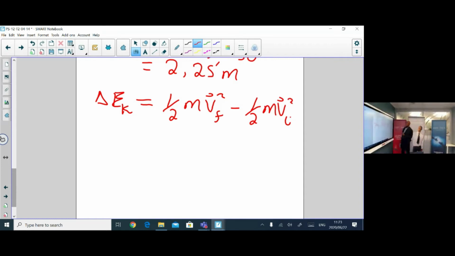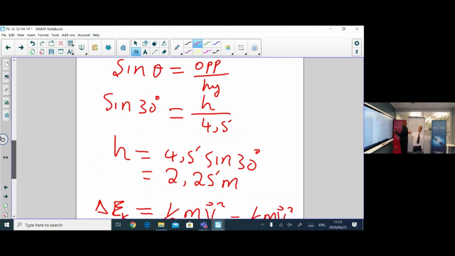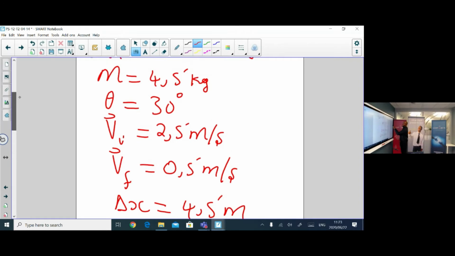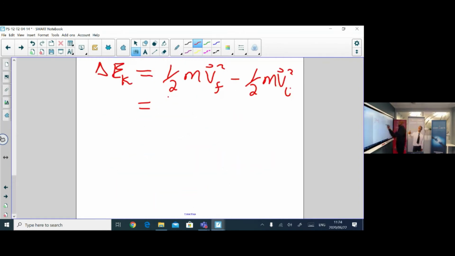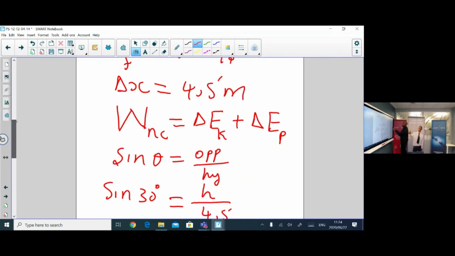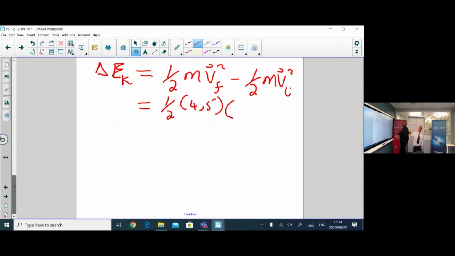Let us substitute. Let us go back and check the given information. Our mass is 4.5. It's half multiplied by 4.5 multiplied by the final velocity, which is 0.5 squared. Don't forget that, because it's very important.